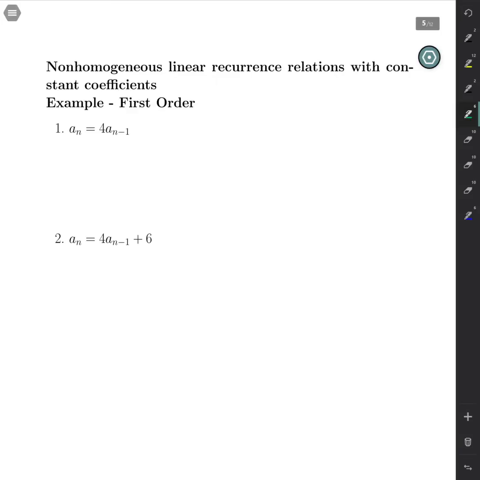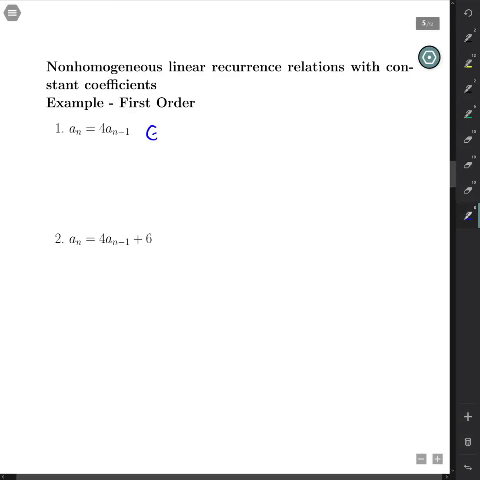So the simple case of the first order should help us understand some general principles here. In this particular example 1 that I've got here, a_n is equal to 4a_{n-1}, first order linear. And the general solution for that would have the form a_n is equal to some constant, I'll just call it alpha like we often do, times 4 to the n.